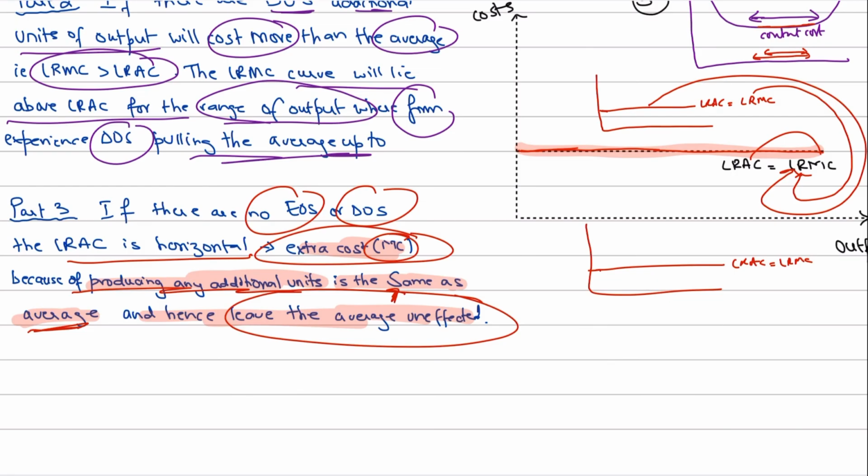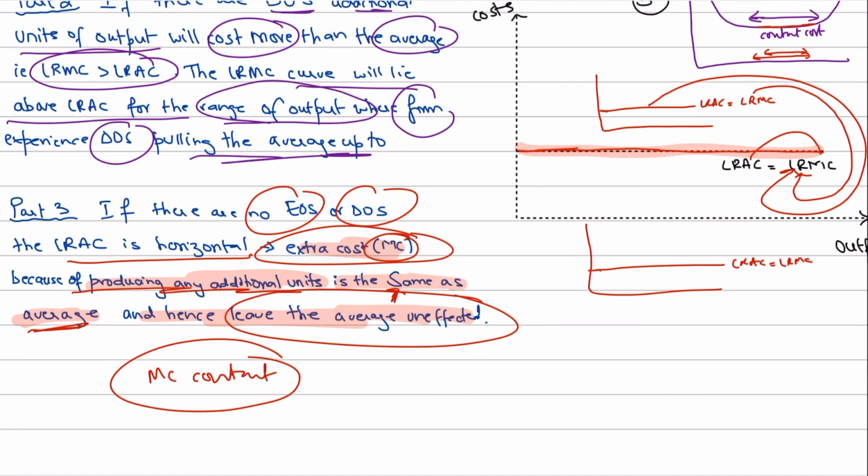So guys, remember that whenever the business faces constant returns to scale over a range of output, where it faces constant cost over that range, your marginal cost will also be constant. If the marginal cost is constant, it's not changing, and that also results in the average cost not changing.